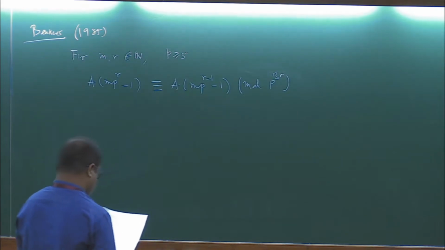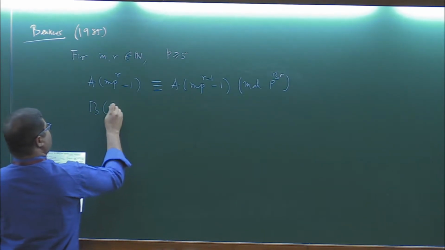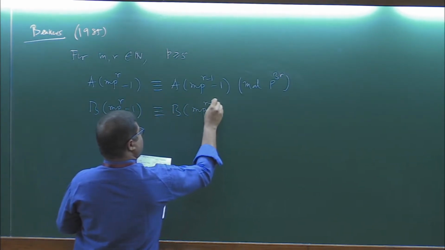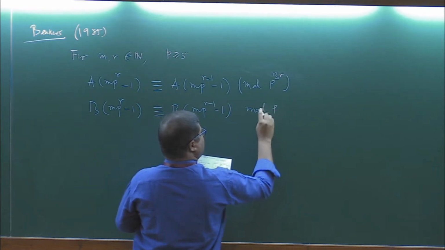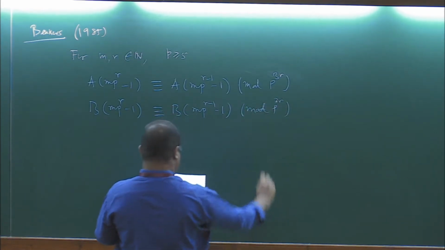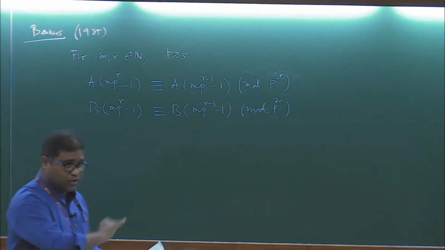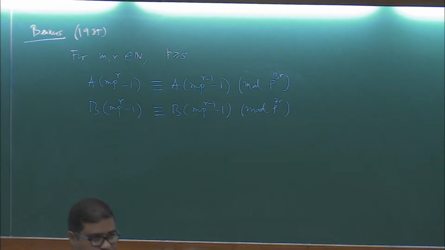And similarly, he proved this same congruence for the numbers b_n mod p to the 3r. So more or less, he generalized this congruence of Mimura for the A_n's and b_n's to any m and r. And this method of proof was a brute force use of combinatorics, a very nice brute force argument related to the binomial sums.